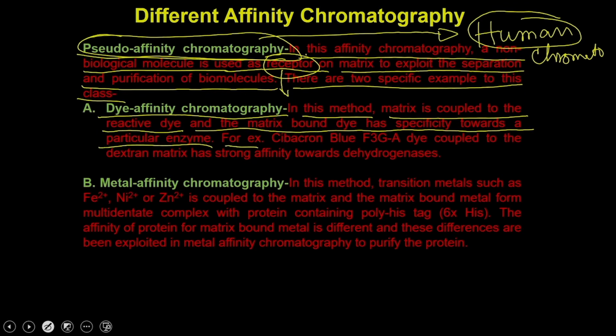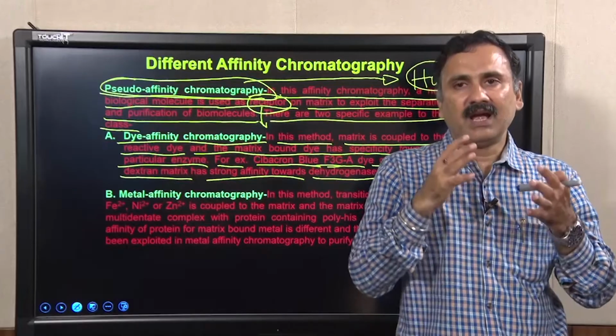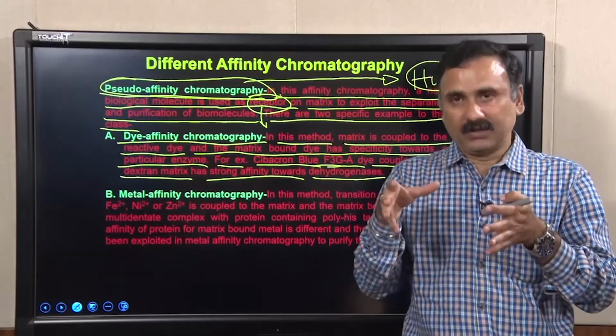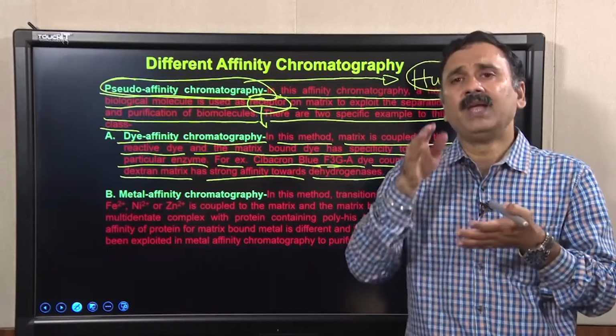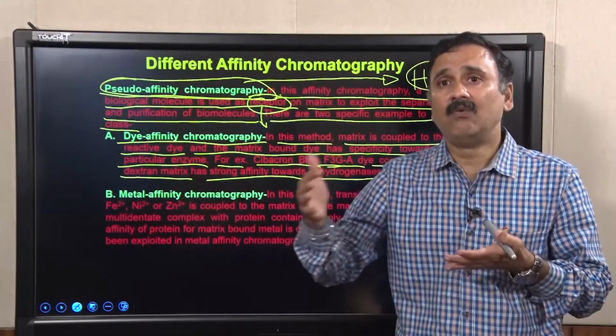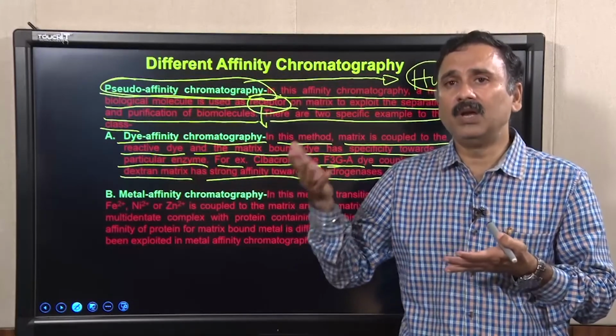For example, you can use the Cibacron Blue F3GA dye, and if you couple it to the dextran matrix, it has a strong affinity for the dehydrogenases. So, dye affinity chromatography is a chromatography where you have the dye molecules or chemical molecules, you couple them to the matrix, and then it has affinity for a particular class of molecules.